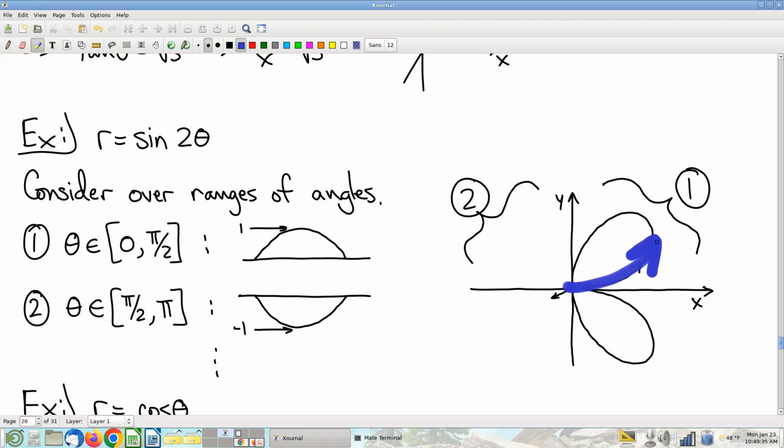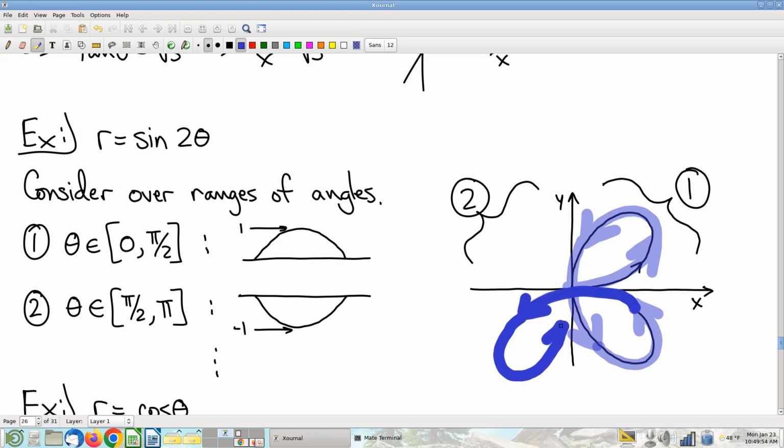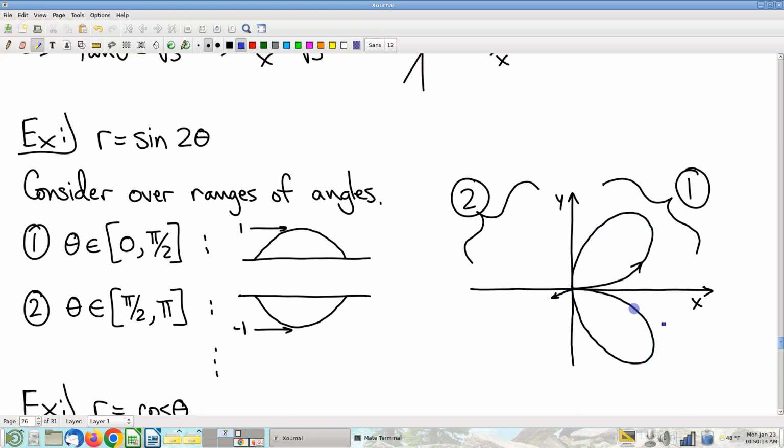This curve, in the same way that it kind of just continues through the origin from the first petal to the second petal that we're making here, likewise, what you'll find is that it continues through like that, and then it continues through like that, and then comes back around on itself. And so it makes a little four-leaf clover. Does that make sense to everybody? Okay.